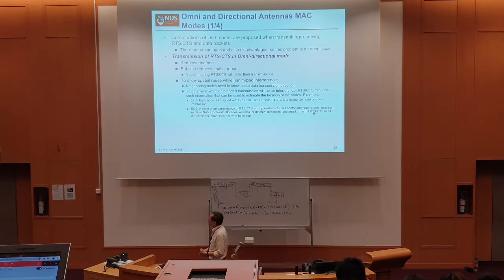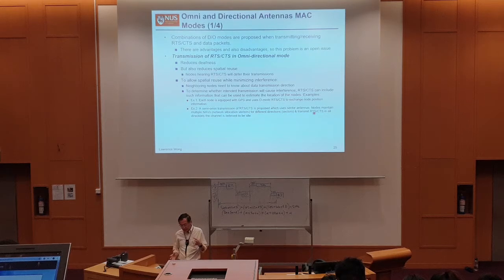So the thing is, how do you cleverly use O and D mode when you're doing all this? That's the trick. What's the clever way to do it? So combinations of O and D modes are proposed when transmitting and receiving RTS, CTS and data packets.